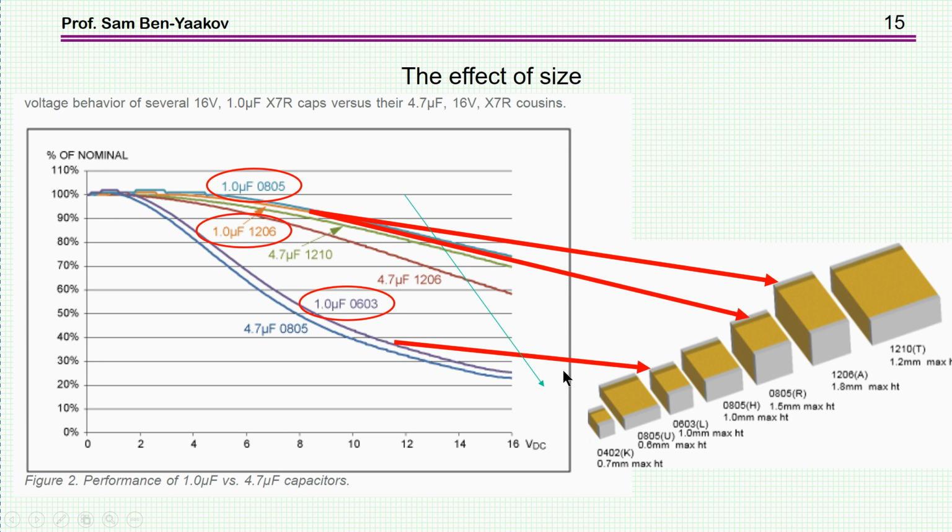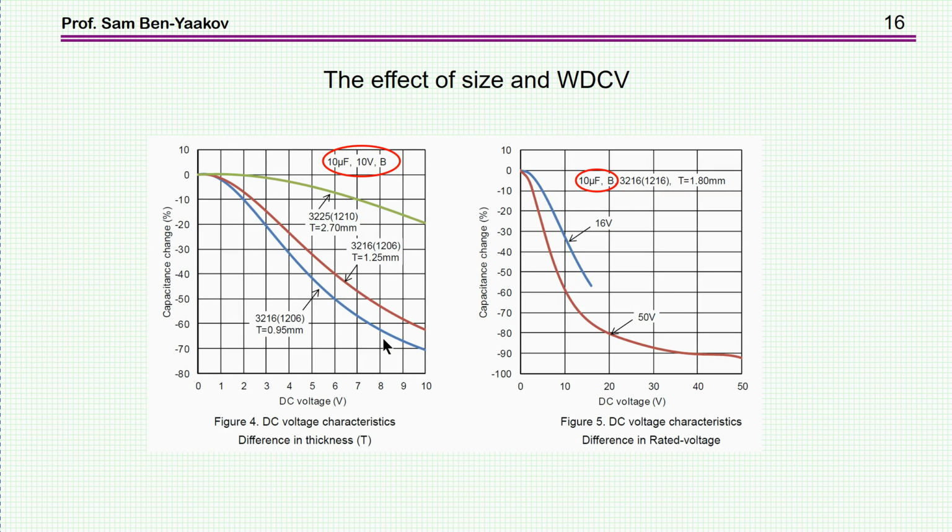You have to actually live with a much higher electric field strength, so that the electric field imposed on the dielectric material is much higher, and therefore it will affect the change with voltage. Okay, so it's not only the voltage, it is the voltage and the package, and we'll see there are some other reasons for change.